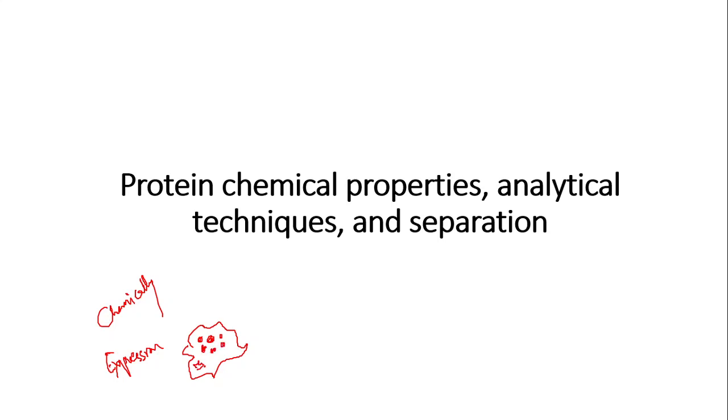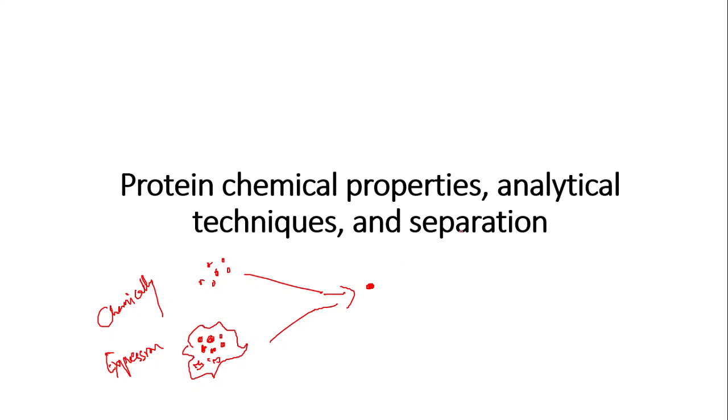So there are other proteins alongside which your protein is prepared, or you can also prepare it chemically. We'll discuss both. So how do you purify and isolate your protein of interest? We'll learn those.